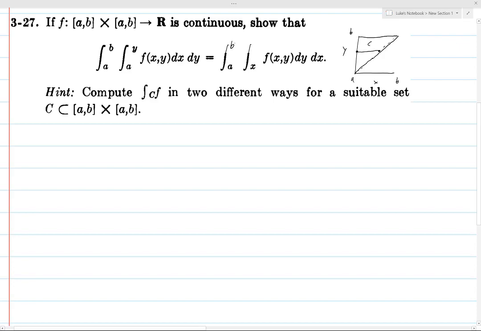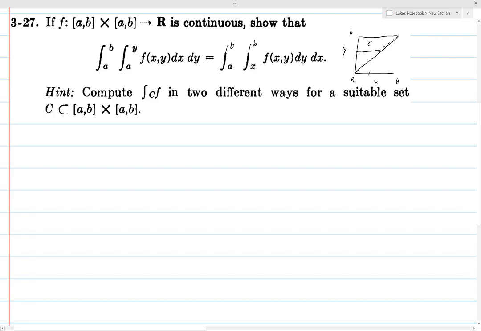Then for any fixed x value, y first starts at this line y equals x, which is the lower bound, and then goes all the way up to b. So it should look like this, and that is the correct problem statement.